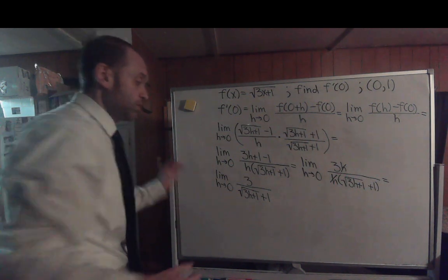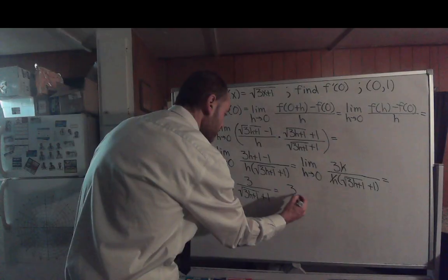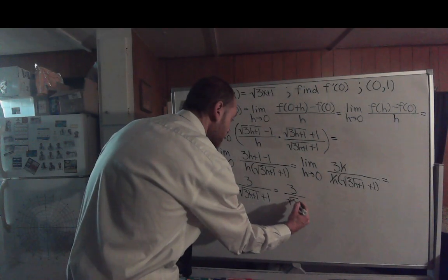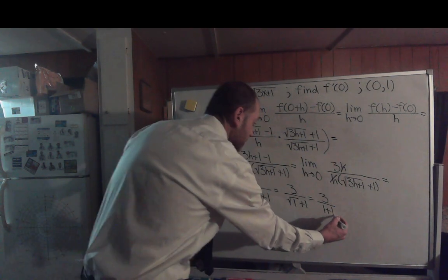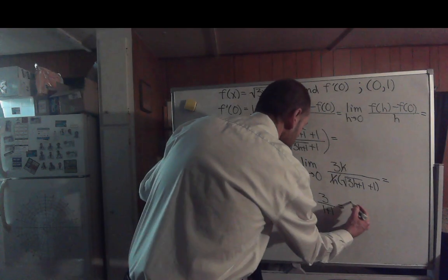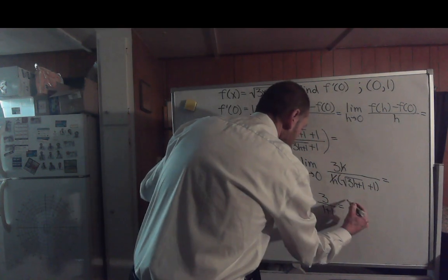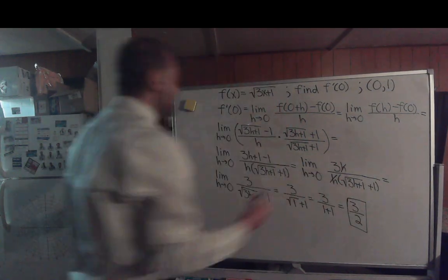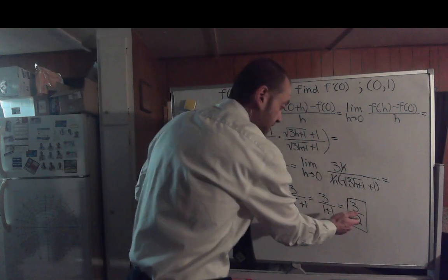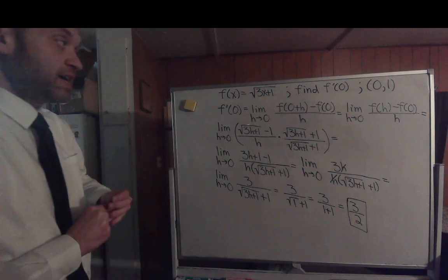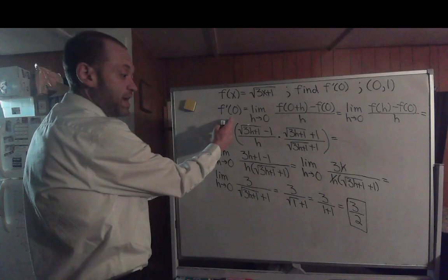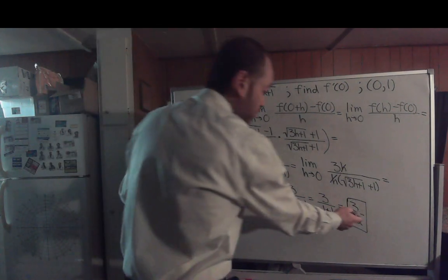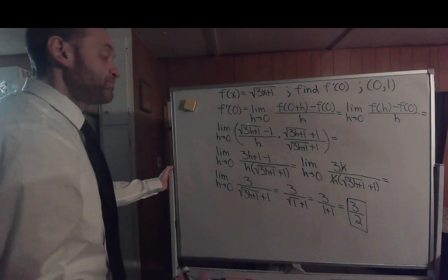Put in that 0, you would end up getting 3 all over the square root of 1 plus 1, which is 3 over 1 plus 1, which is 3 halves. So that means f prime of 0 is 3 halves. That would be the slope of the tangent line, or instantaneous rate of change, at the point (0, 1) for this function. Or the derivative at x equals 0 would be 3 halves.